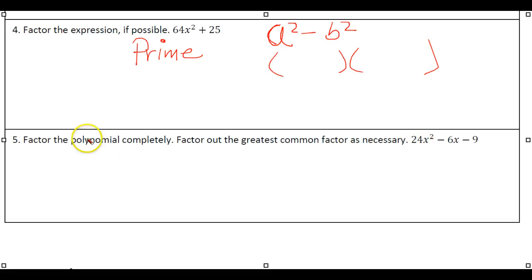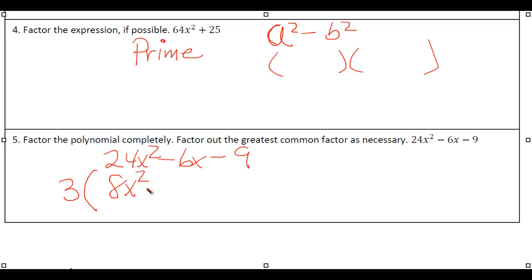Okay, let's take a look at this one. 24x squared minus 6x minus 9. Is there a common factor? Yes, I can take a 3 out of each one here. So 3 times 8x squared minus 2x minus 3.